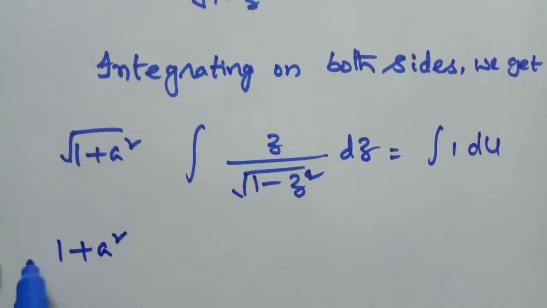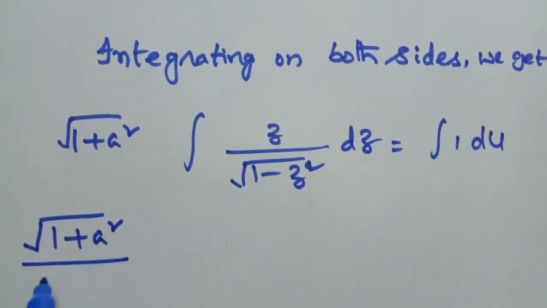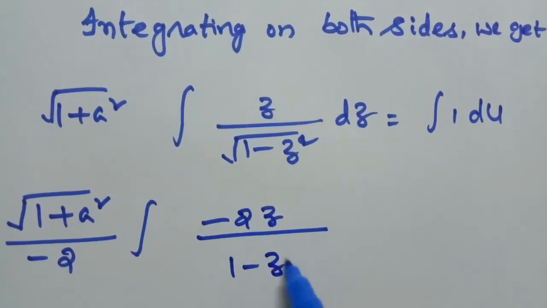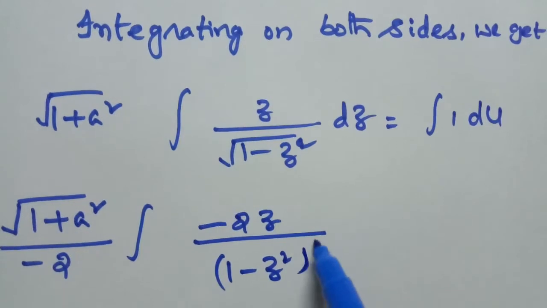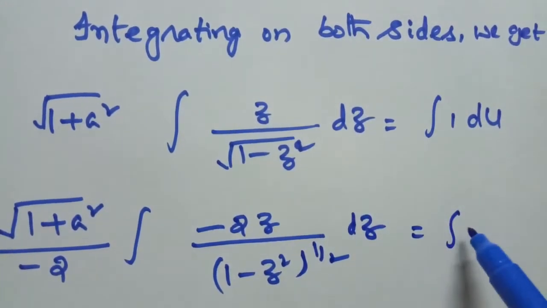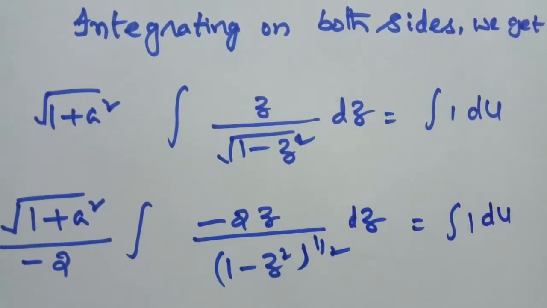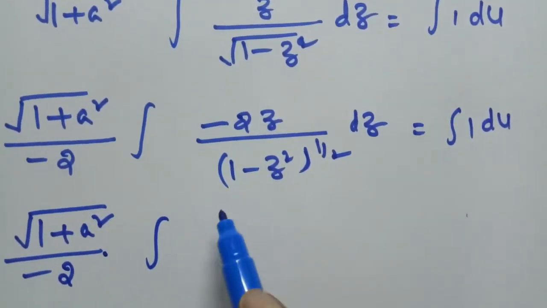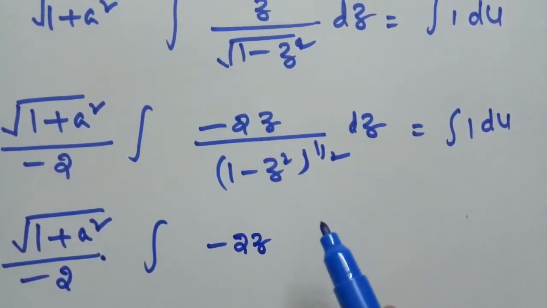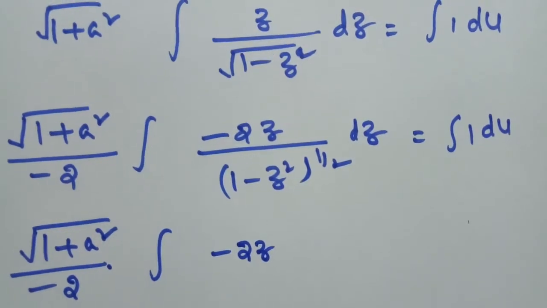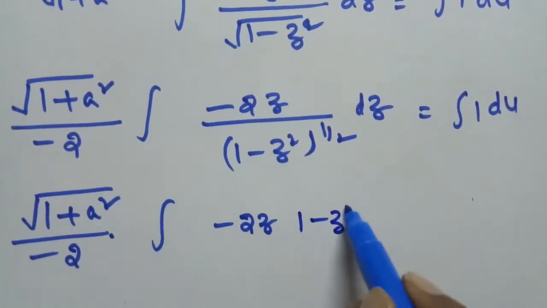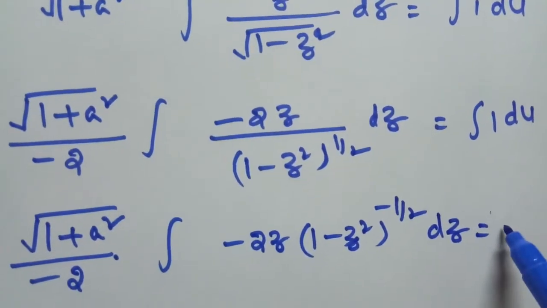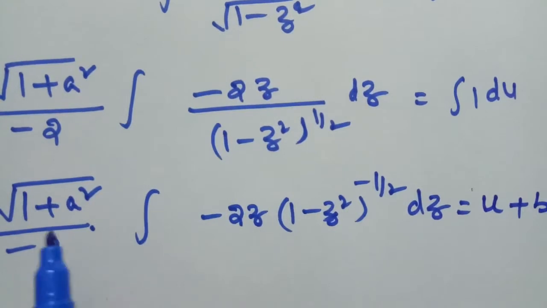Therefore, this can be written as square root of 1 plus a square into integration of minus 2 multiplying and divided by minus 2, minus 2z into 1 minus z square whole to the power of minus 1 by 2 dz is equal to integration of 1, which is u plus constant of integration b.